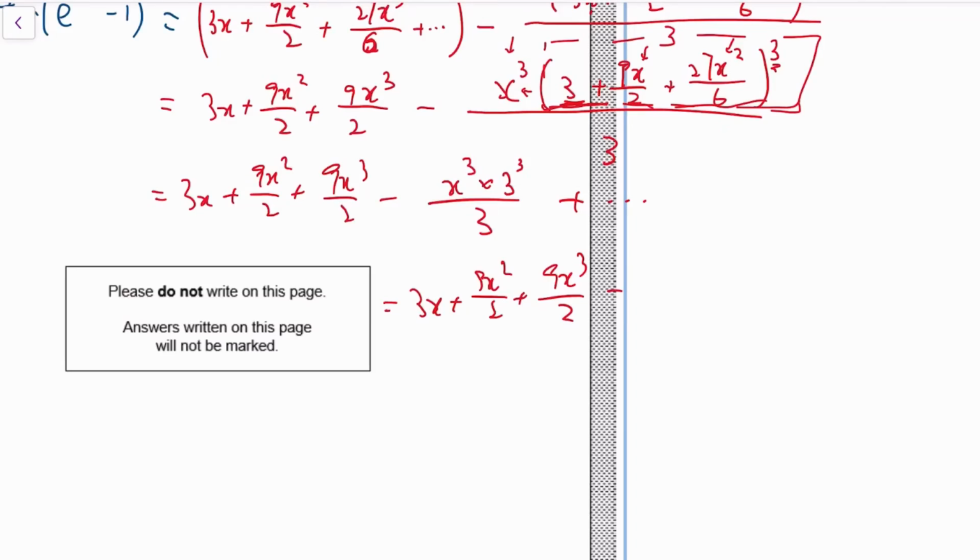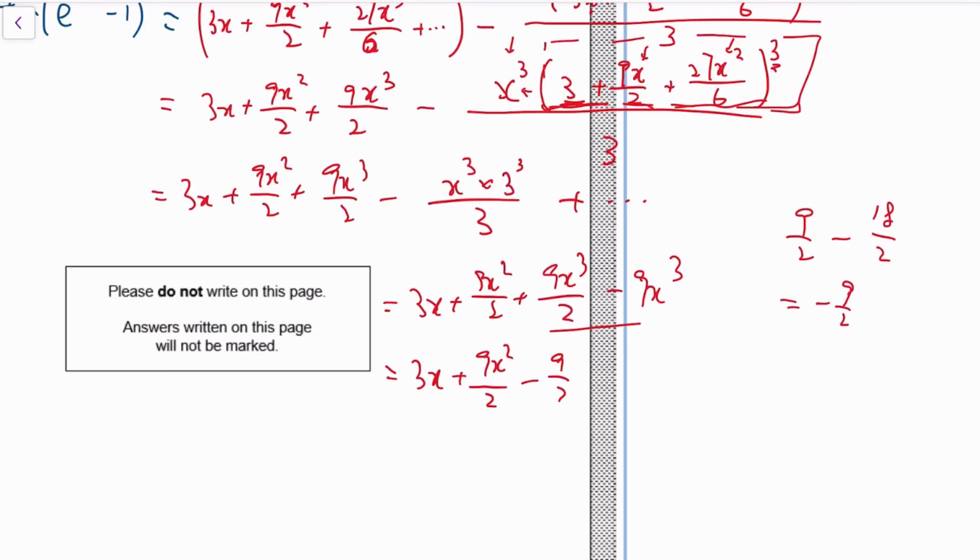Minus, what's that? 9, I think. So if we simplify, we have 9 over 2 minus 18 over 2. So that's minus 9 over 2, for up to x cubed.